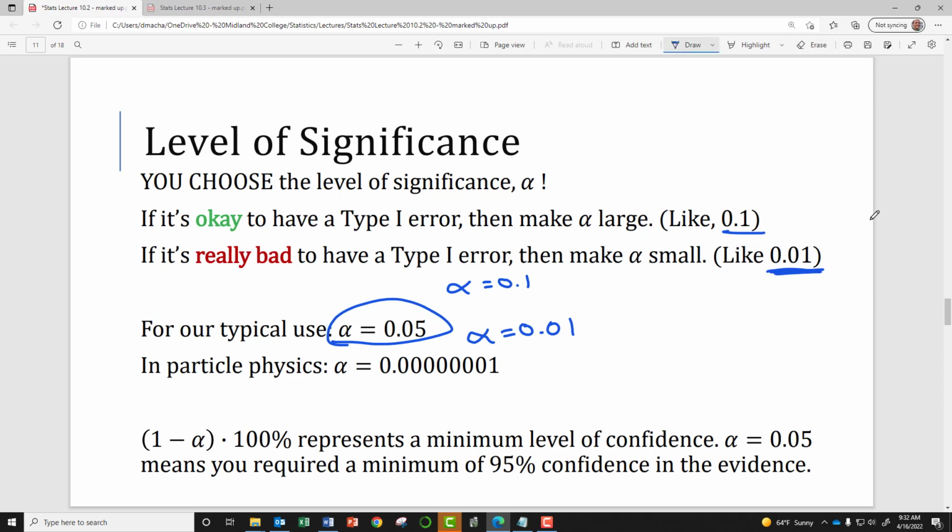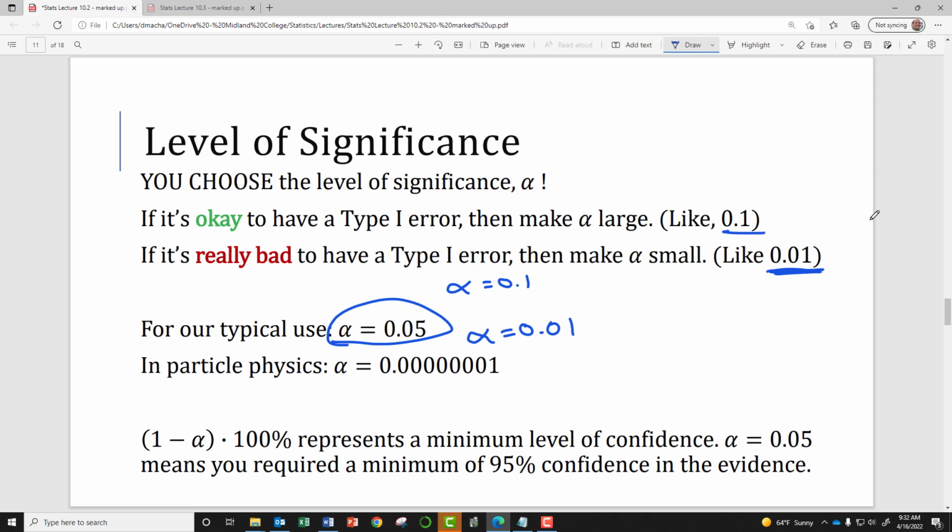I don't know if that's exactly the level of significance, but it's going to be something very tiny, which sort of corresponds to saying that it would be bad to make a type 1 error. It would be bad to accept a new model of physics if it weren't actually true or more accurate than the old model.